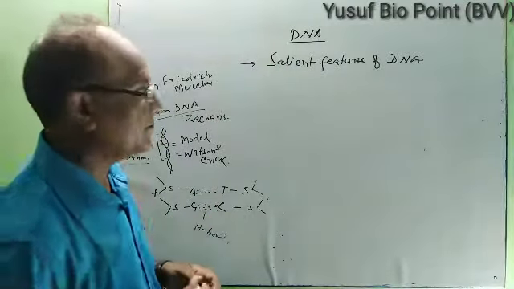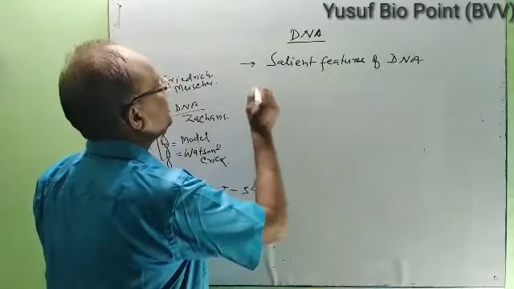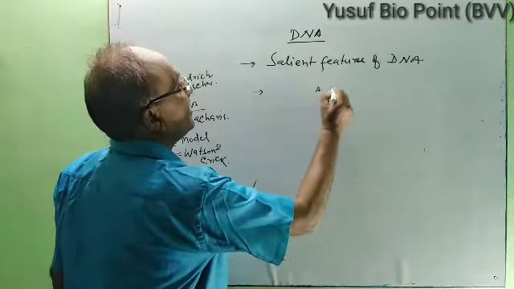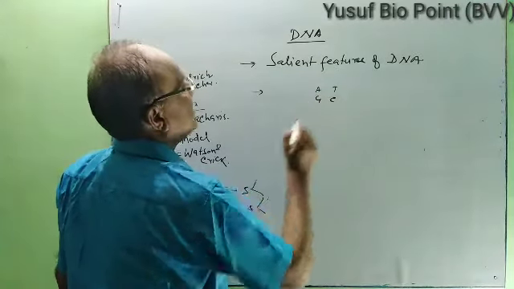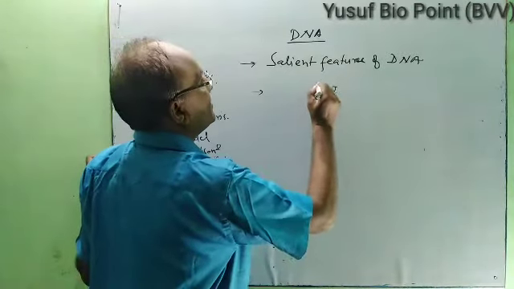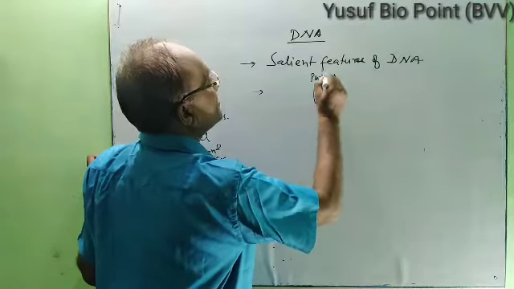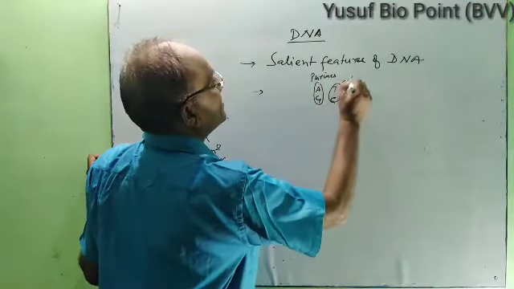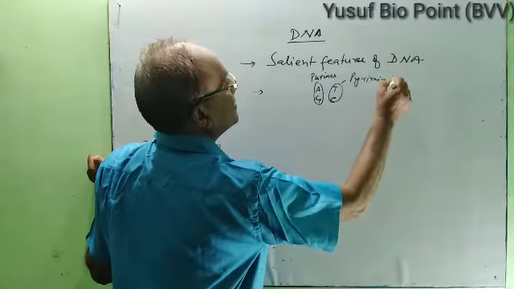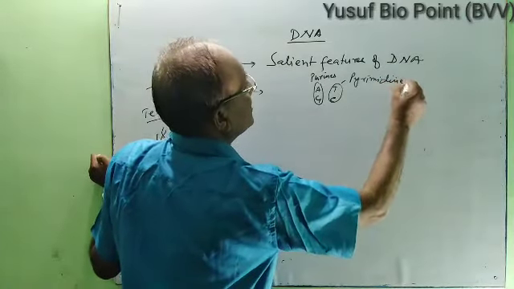Now these are the salient features of that. One thing, A, T, G, C, there are bases. I have already told you that there are purines and there are pyrimidines.